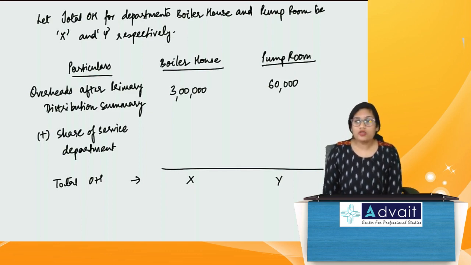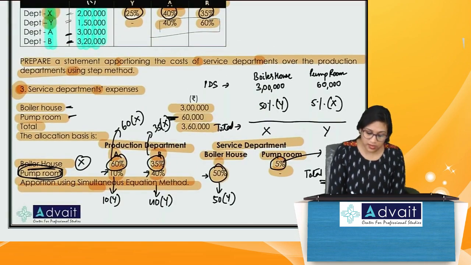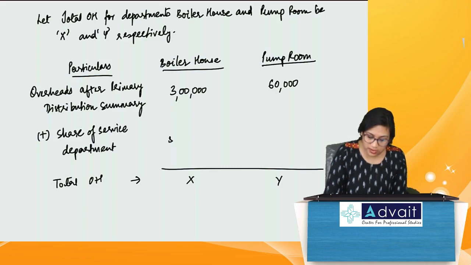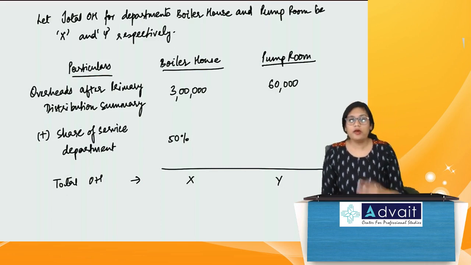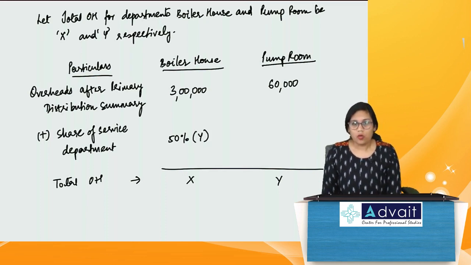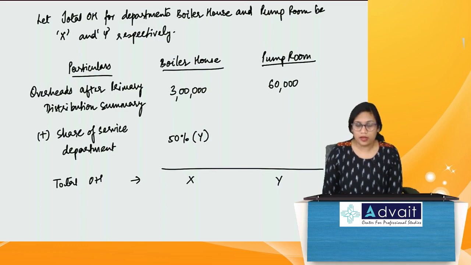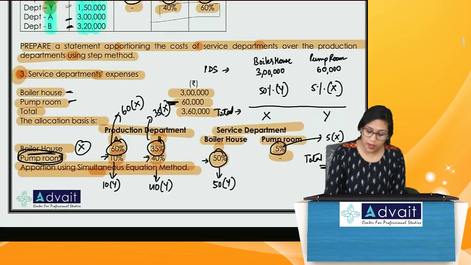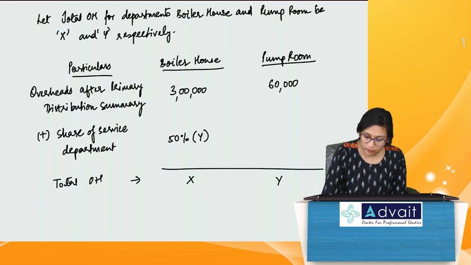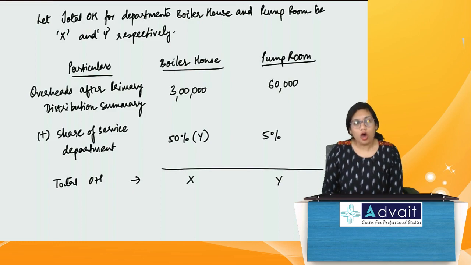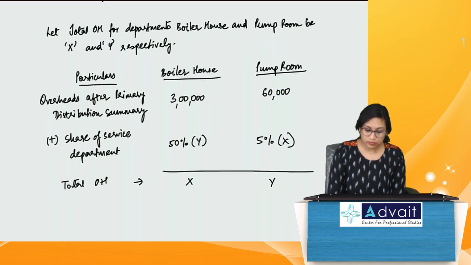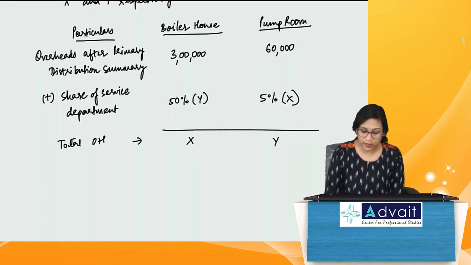So now boiler house is going to receive 50% from pump room, correct? So 50% is it's going to receive, but of what? Of the total, which is Y, and similarly pump room is going to receive how much? 5% from boiler house. So 5% of what? Of the total for boiler house, which is X. So can I say I have two equations here?